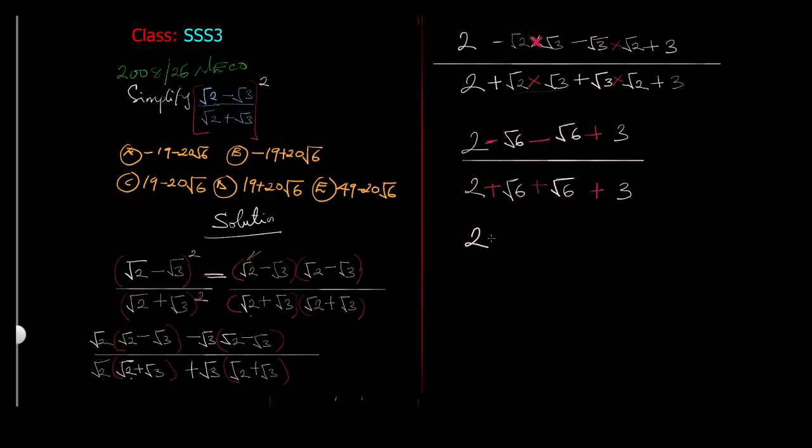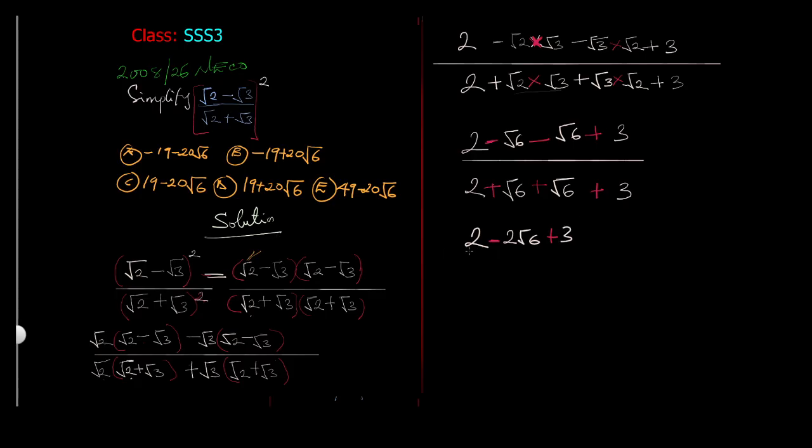Your answer is correct. It becomes minus 2 square root of 6. Then we can bring in our plus 3, right? Yes, we can bring in our plus 3. We're almost done with that.